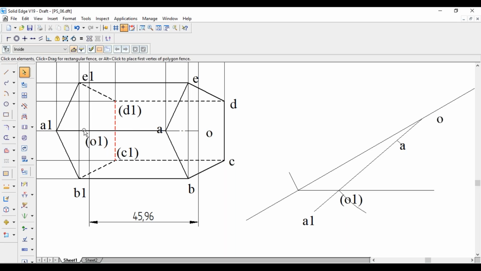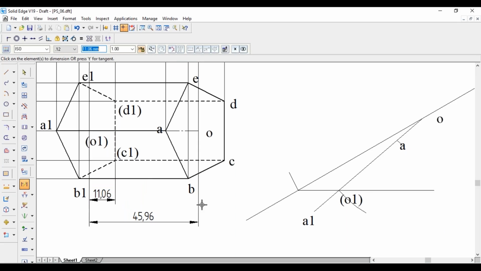Now for C1D1, the length from O1 is 11.06 mm. So with O1 as center, 11.06 mm as radius, cut an arc.